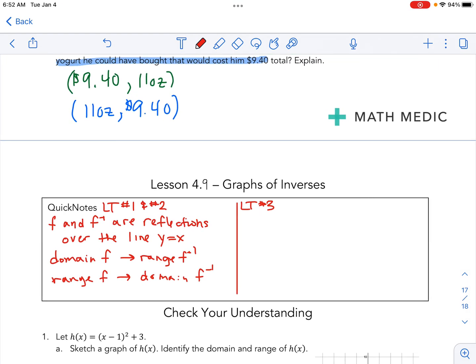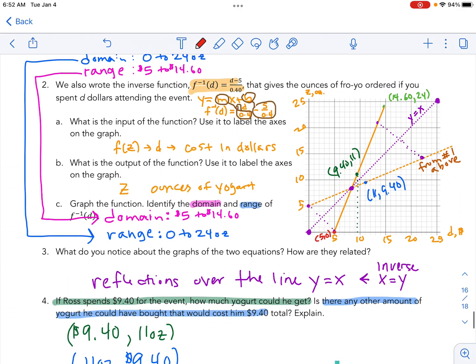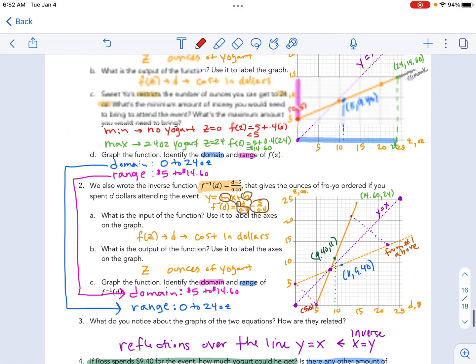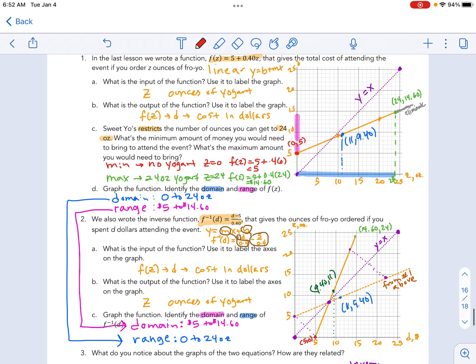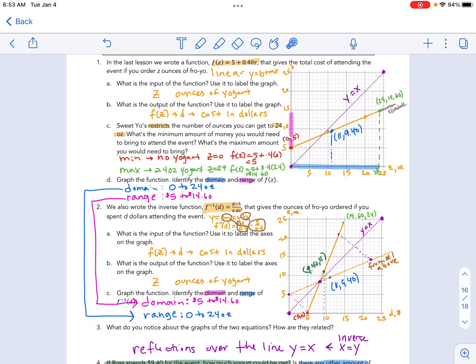And then the other thing is kind of an extension of this. I haven't really discussed it up here in the notes, but if we look at the original function and its inverse is also a function, right? We talked about passing the vertical line test graphically when we talk about what is a function and what is not a function.